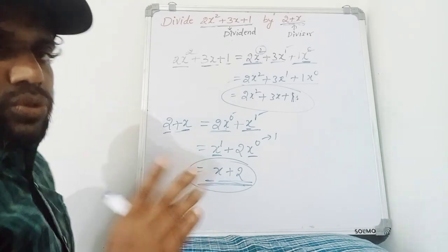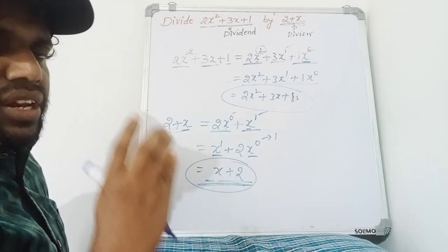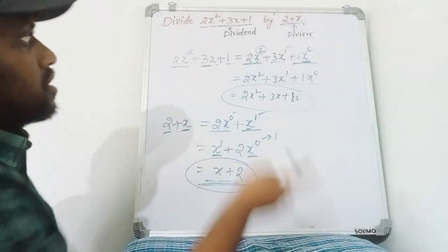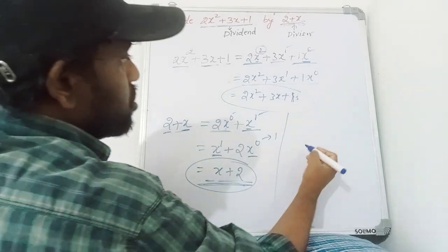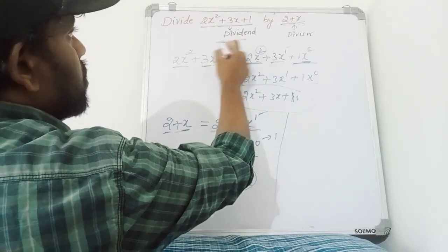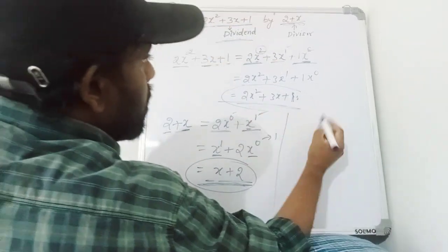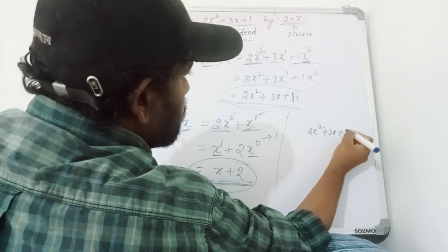This step is very important before starting polynomial division: writing the terms in the decreasing order of powers of x in both the polynomials. Now, first write the dividend. Decreasing order of powers of x, we get 2x square plus 3x plus 1.